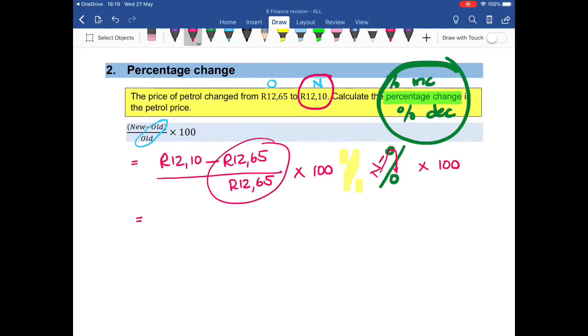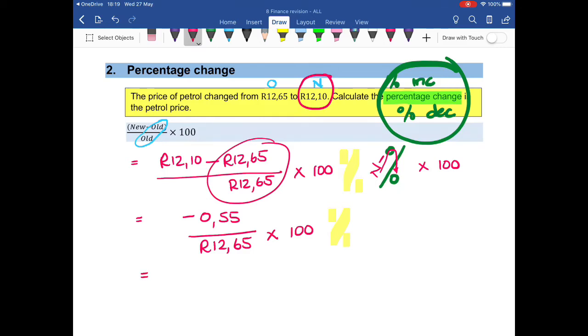If I do that on my calculator, I will get a value of negative 0.55, and you know from integers that you can get numbers like that, divided by 12 Rand 65, and I'm going to multiply by 100%, which is my unit.